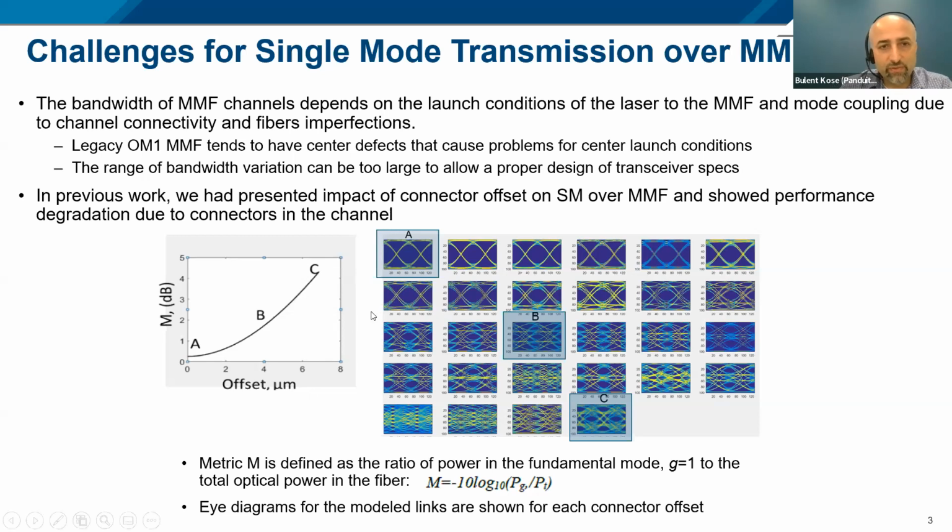I copied here a slide from that presentation to show that if you have connectors in, let's say, an OM1 plant, multimode cabling, or this could be OM2 as well, depending on the offsets, the connectors are of course going to generate some offset at every connection point. It actually increases the likelihood of mode coupling and it degrades our performance. We studied that, and you can go back and look at that paper in IWCS 2020. So we characterized the impact of the connectors.